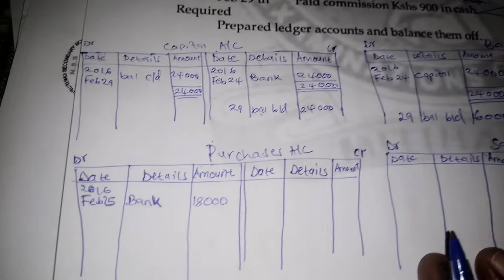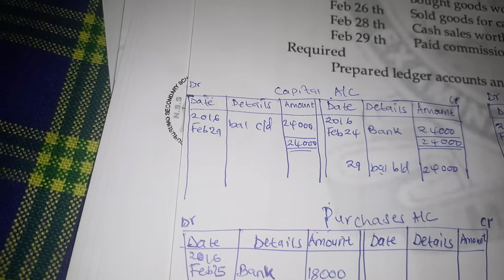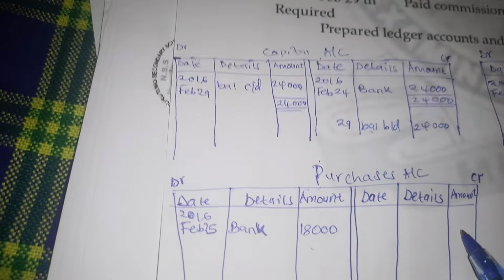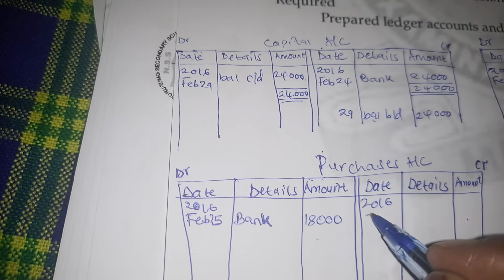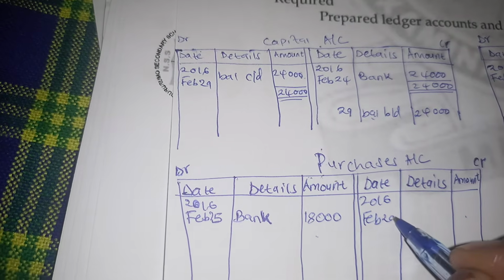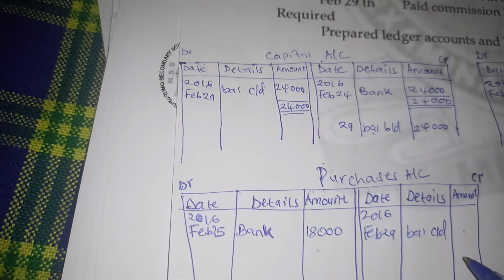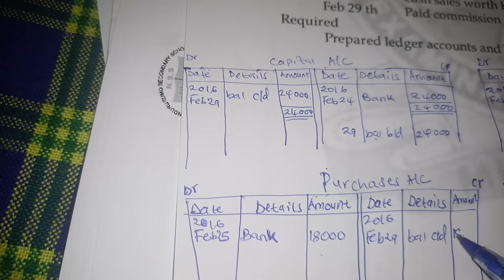Then next is our purchases account. 18,000 on the debit, 0 on the credit. So on February 29, our balance carried down will be 18 minus 0 to give us 18,000.